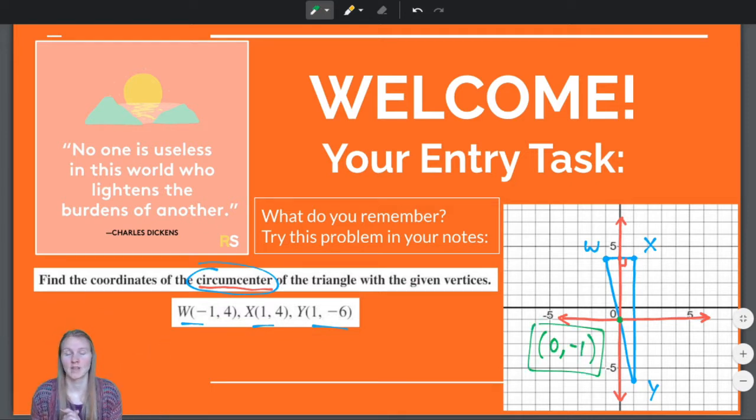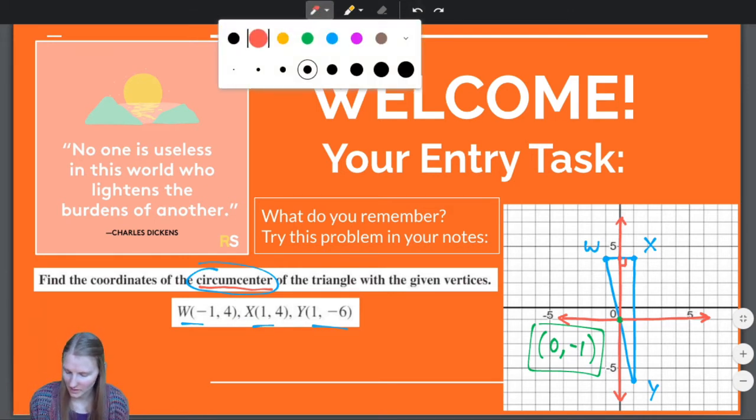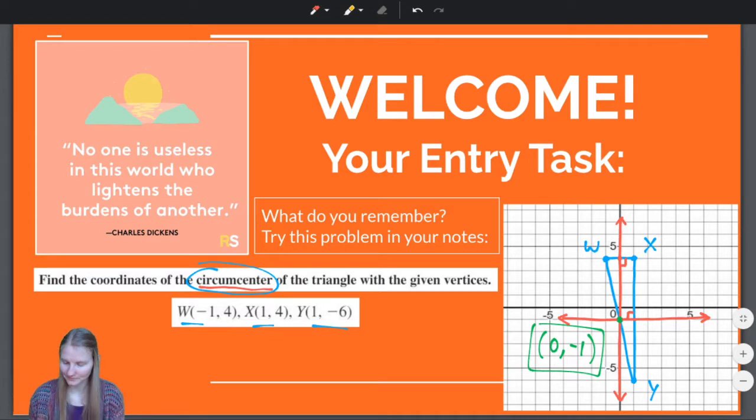There you go. And remember, I don't need to find where the third side's perpendicular bisector is, because I know that all of the perpendicular bisectors are concurrent at the circumcenter. So if I find 2, the third one's going to go right through that point as well. So I only need to find 2 of the perpendicular bisectors.